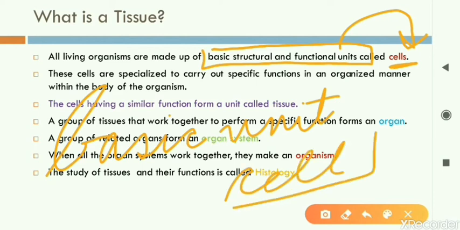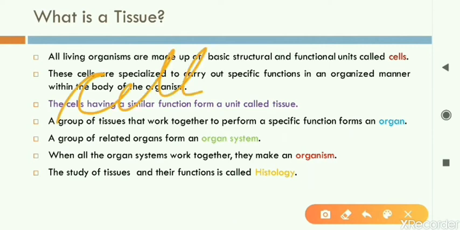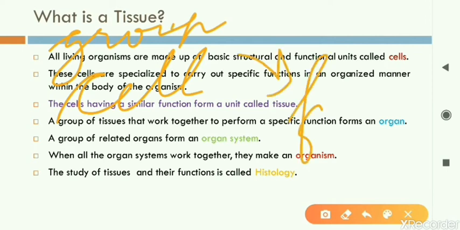When these different cells form a particular living organism's body, the different cells are performing different functions. And if a particular group of cells forms a group, then that group of cells is also responsible for a certain function.